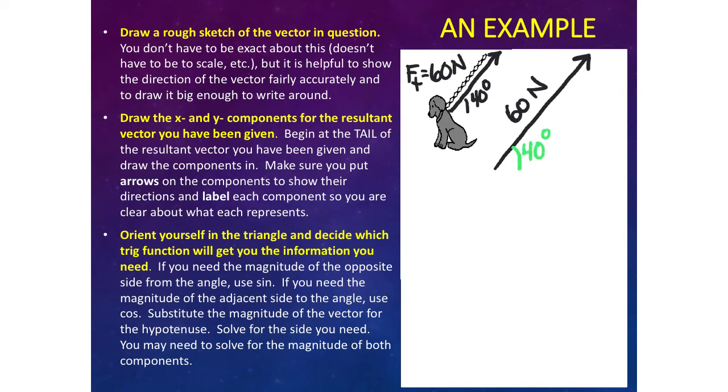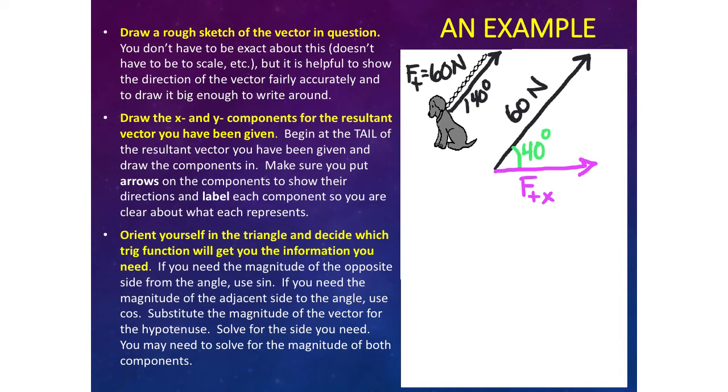Now I can take that vector and break it down into 2 parts, a horizontal part and a vertical part. And those 2 parts need to make a right angle. So I can draw my horizontal part horizontally over about that far. It might be a little too far. And that is going to be that force of tension in the x direction.